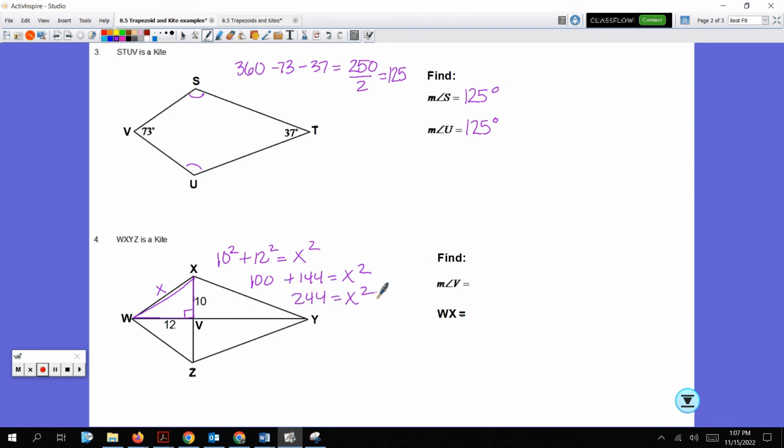Now I need to break that down. When I take the square root of both sides, the square root of 244 is the square root of 4 times the square root of 61. 61 is a prime number, so it's 2 root 61.